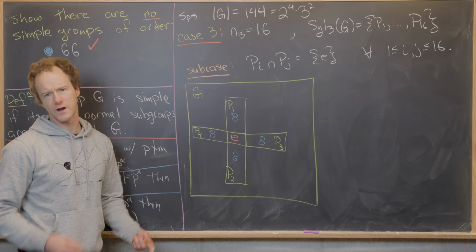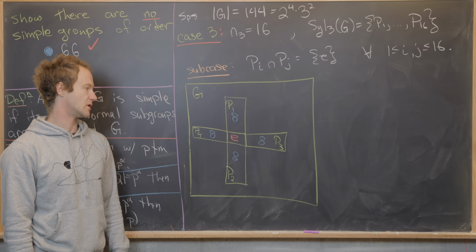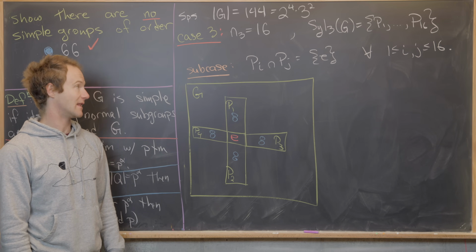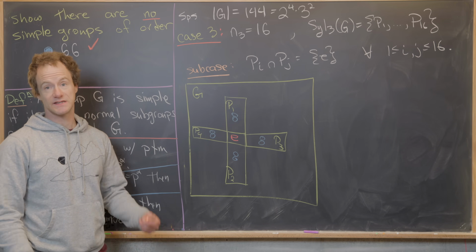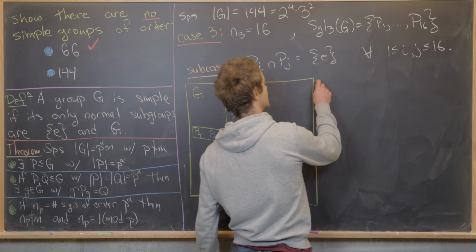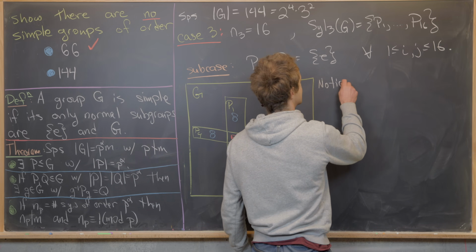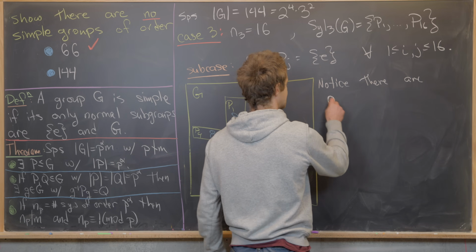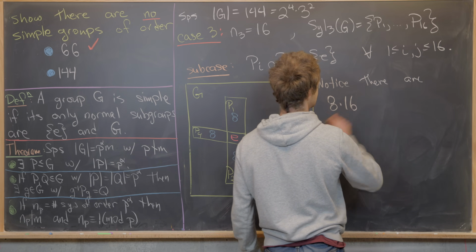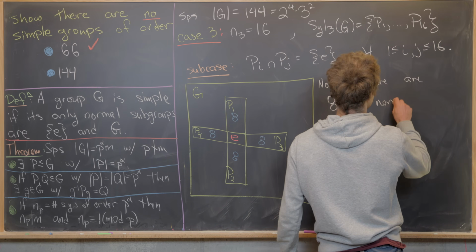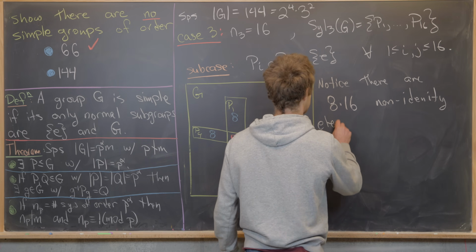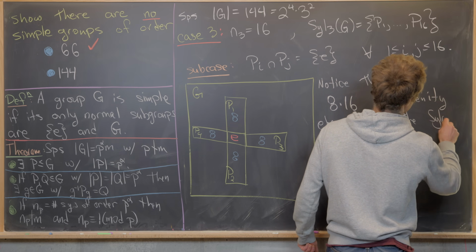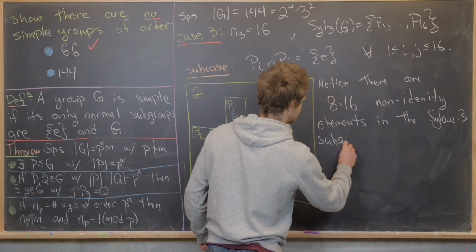I've only drawn 4 here because it would get really messy if I drew all 16. But that allows us to count up the number of elements in these Sylow 3 subgroups. So let's notice there are 8 times 16 non-identity elements in the Sylow 3 subgroups.